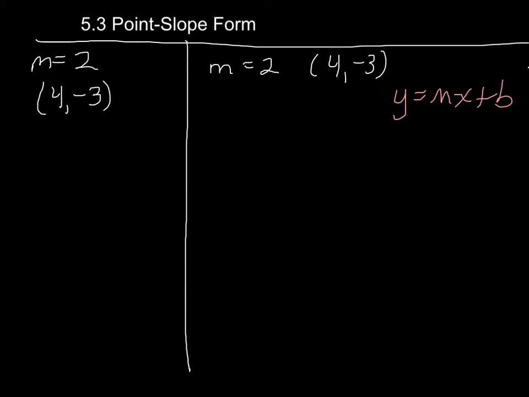For this one, we're going to use this formula, which is y minus y1 is equal to m times x minus x1. Now, it kind of looks like y2 minus y1 or x2 minus x1, but that's not it.